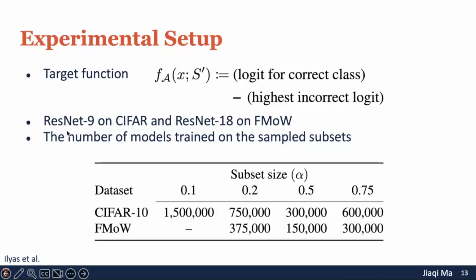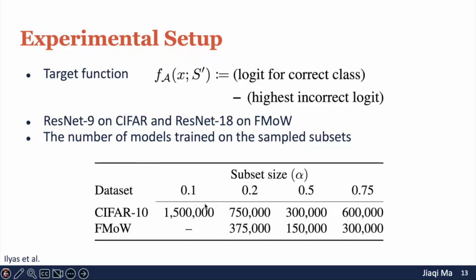The experiments are based on 2 variants of ResNet models on 2 image classification datasets. In this table, alpha indicates the size of the sampled subsets, and there are 4 settings corresponding to different alpha. The numbers in this table are the number of models trained on the sampled subsets under each setting.